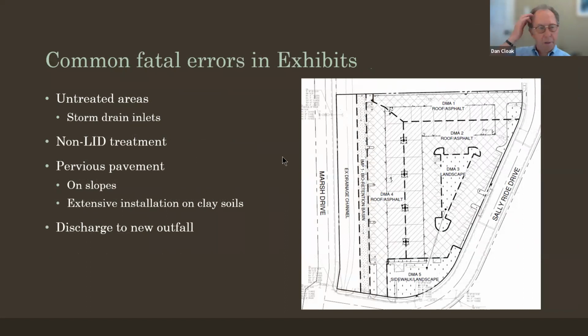Here are some common problems that come up in stormwater control plan exhibits. One key tell that there might be a problem is a storm drain inlet that is not a bioretention facility overflow or an area drain in a self-retaining area.